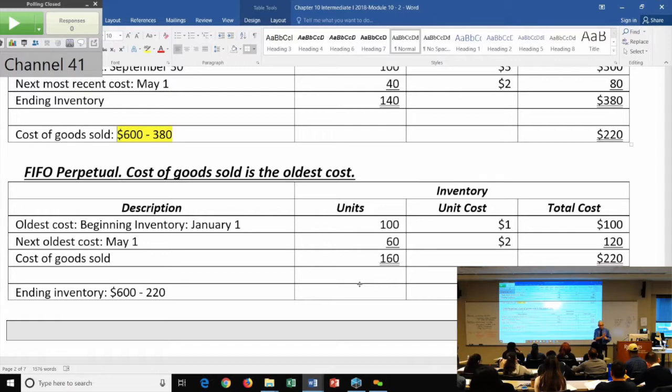And now we need to tweak that a little bit with last in, first out, and the average cost. As I said, the other example in module 1 is a periodic that you can use to review. But I think it's best that we do both. But any questions on FIFO? Any questions on FIFO periodic versus FIFO perpetual?